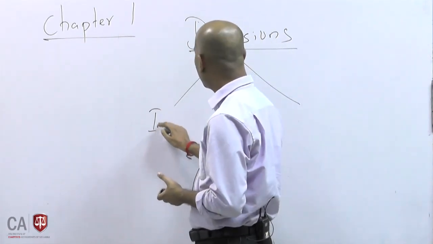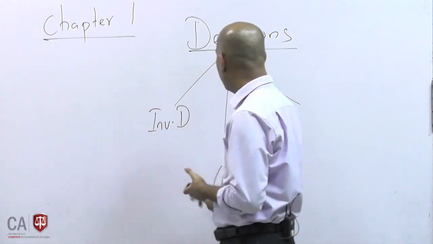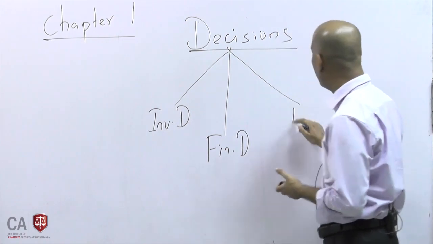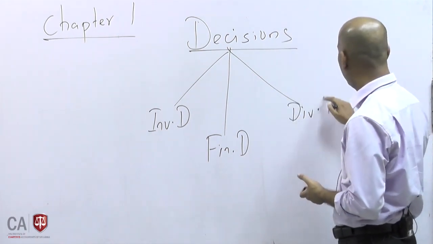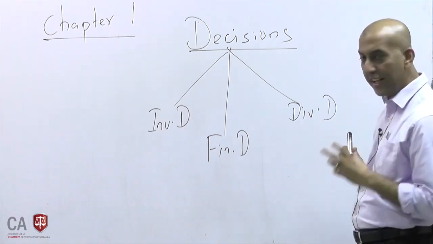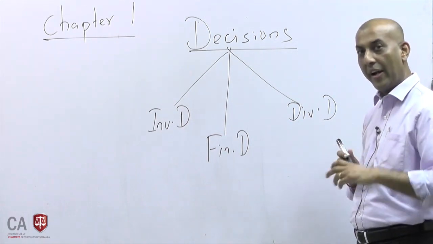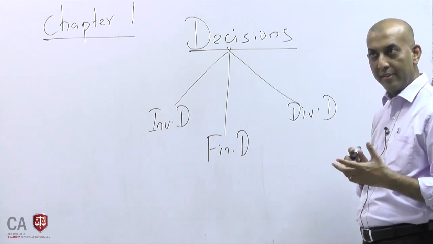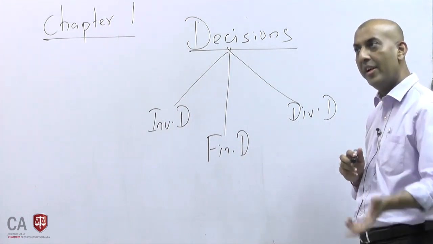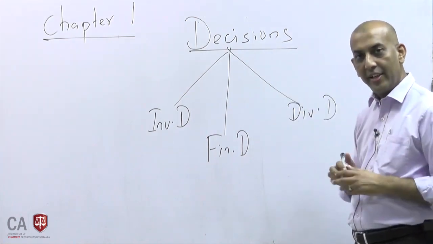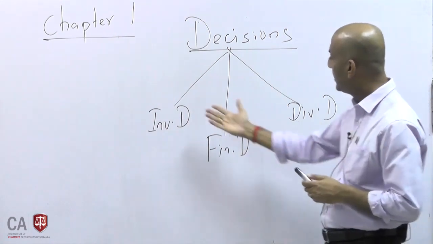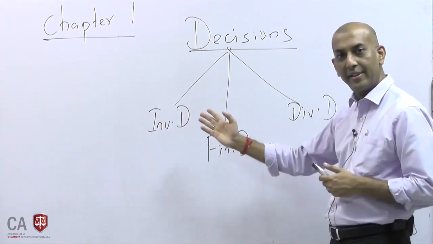One is the investment decision. The second one is the financing decision. The third one is the dividend decision. Please note, these are the three decisions. The finance function, from the accountant or the account staff to the finance director, the entire finance function makes these three decisions on a regular basis.